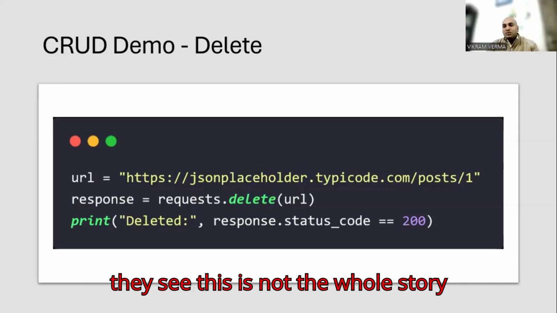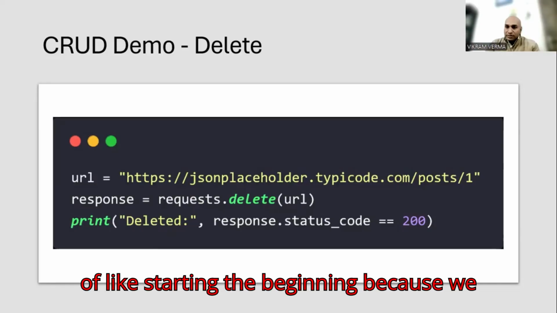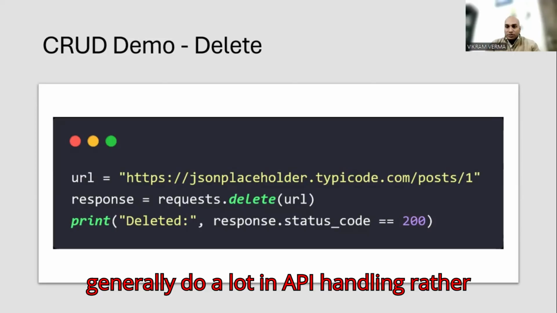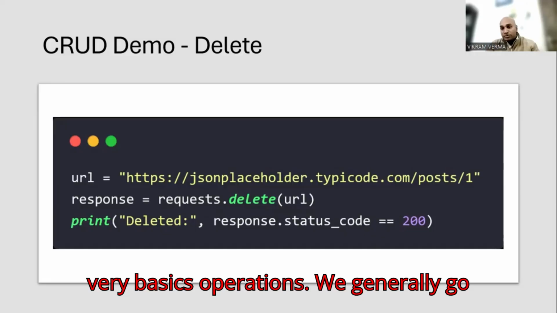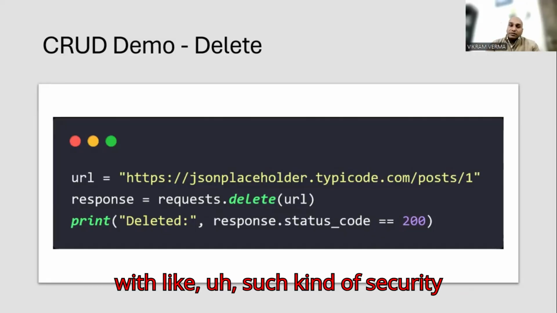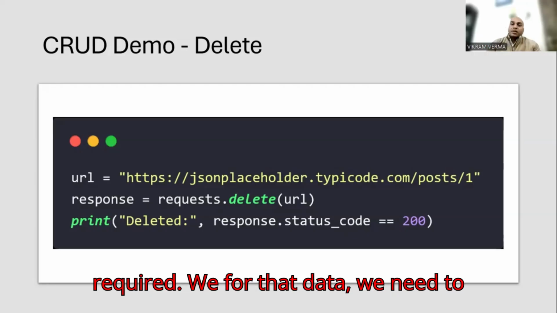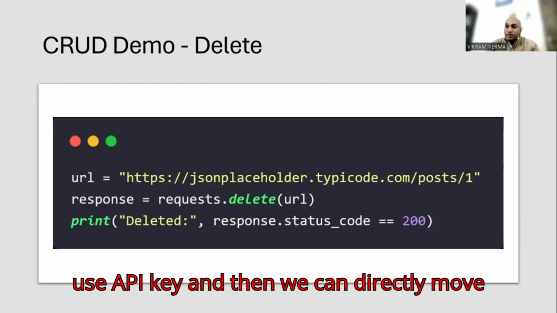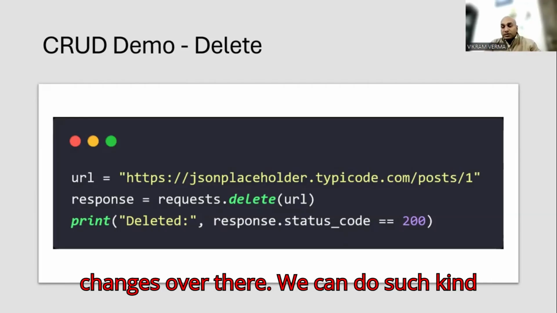So this is not the whole picture. This is just a kind of beginning, because we generally do a lot more in API handling than this. These are very basic operations. We generally work with secured data where security is quite required. For that data, we need to use an API key, and then we can directly move into the data and make changes there.